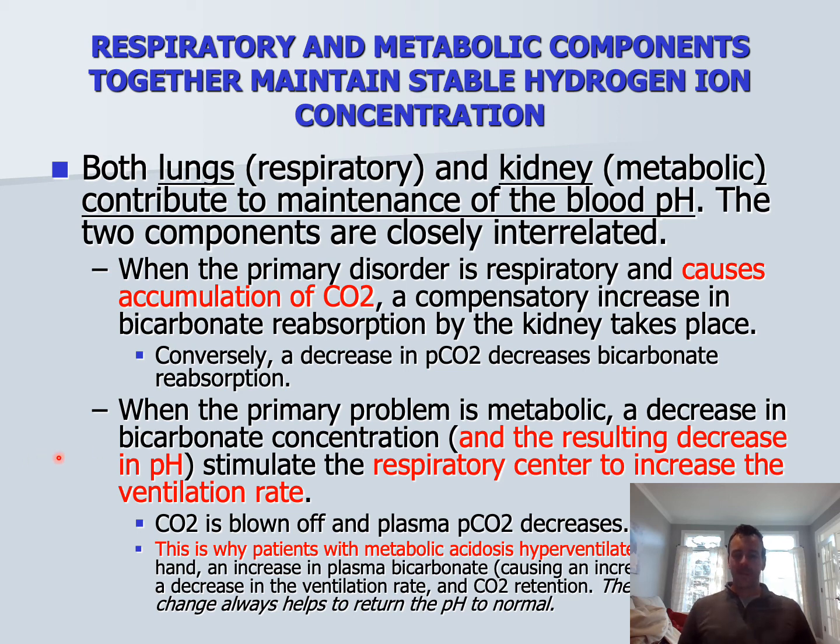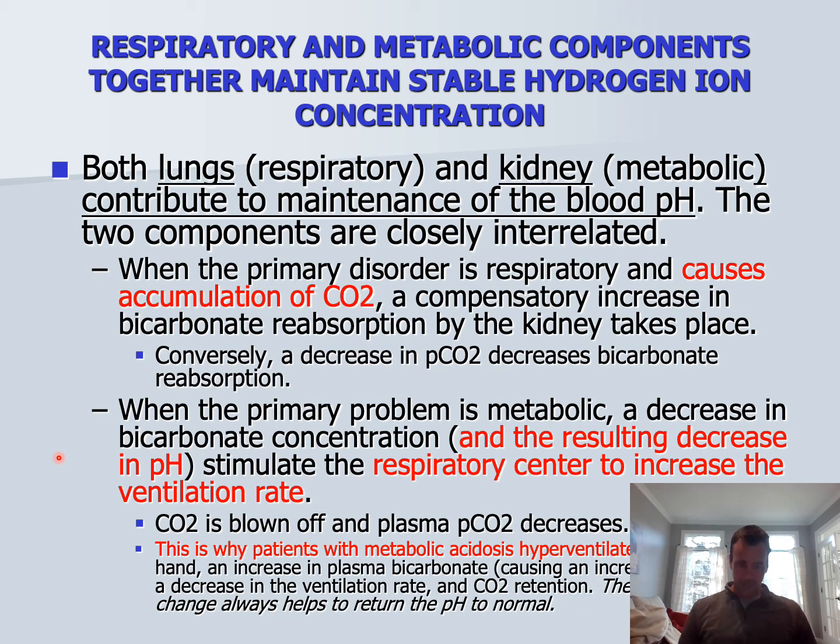When the primary problem is metabolic, you get a decrease in bicarbonate concentration, and thus a decrease in the pH. This stimulates the respiratory center to increase the ventilation rate. So it blows off more CO2, and then the plasma partial CO2 concentration decreases.